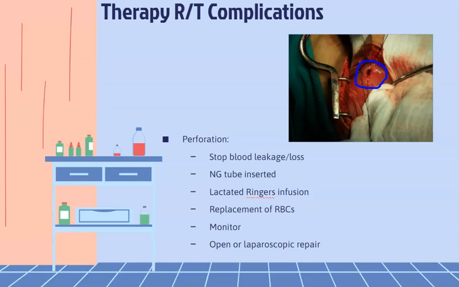We're going to do some LR infusion, replacement of RBCs if needed, and then we're going to monitor the patient. Depending on the severity of the perforation, it could be repaired laparoscopically, or if we're really worried about maybe a combined peritonitis as well, it might need to be a complete open repair so that they can really get in there and assess the entire situation of the abdomen.